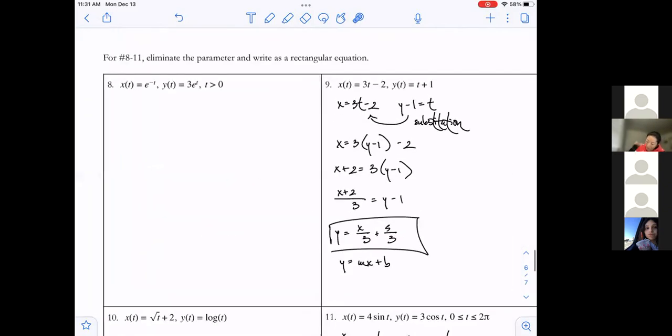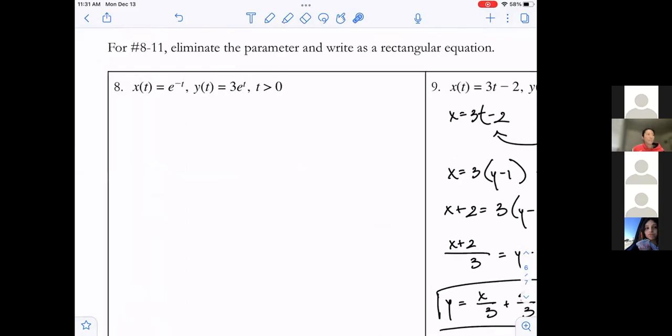And so let's take a look at number 8 over here. What might we do to write something? Maybe we don't know yet if it's familiar or not, but how would we get this so that we have one equation with only x's and y's at least?